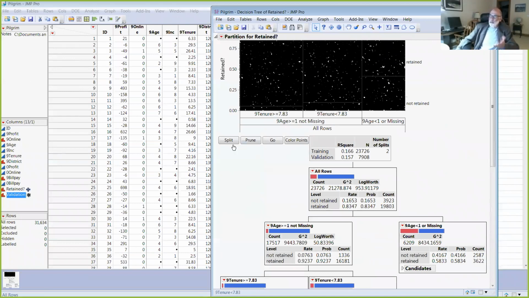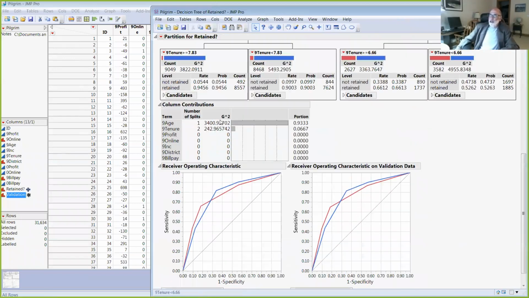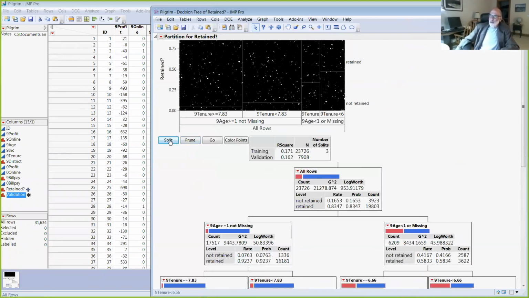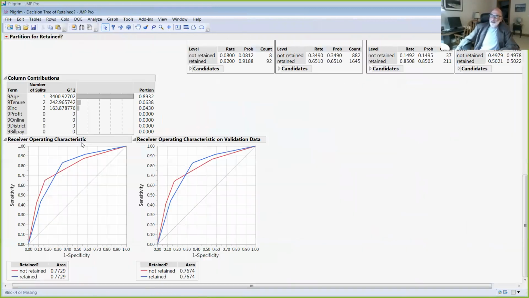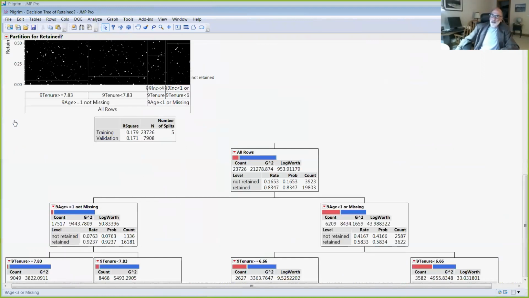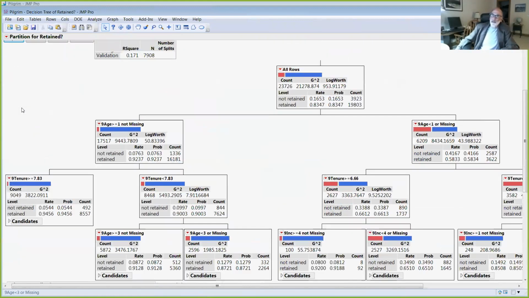So just like we did with the houses, I'm not going to focus on each particular split. You can look at them in detail. Let's just do split. I would recommend doing it something like 15 times.